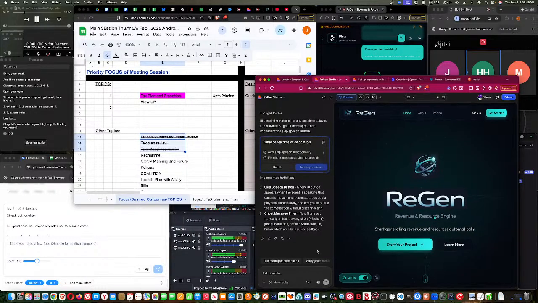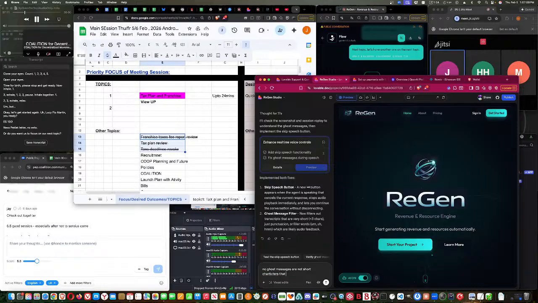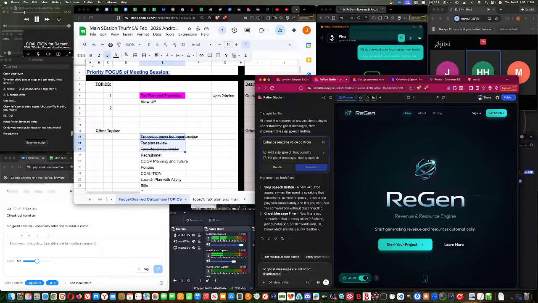Next topic. Let's have an agreement on the next topic. What do you want us to focus on as our next topic? Recruitment or planning for the future?